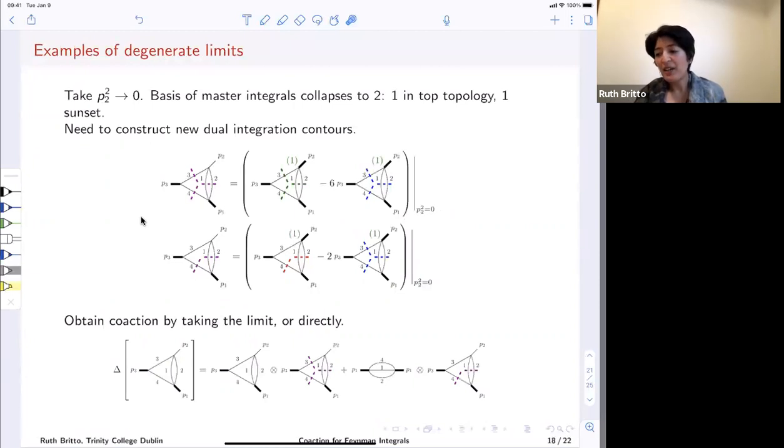Now in terms of these new masters, we need to construct new dual integration contours. You can do that as such, and you can obtain the coaction either by taking the limit of the one on the previous page or directly with this dual basis as shown here.